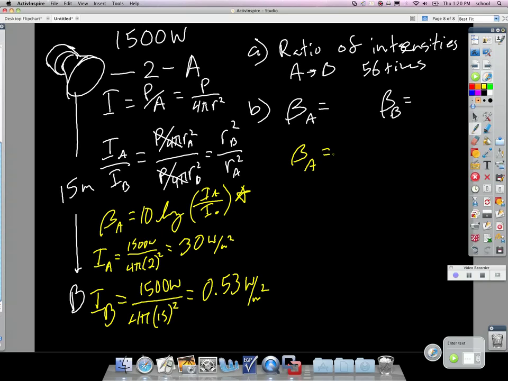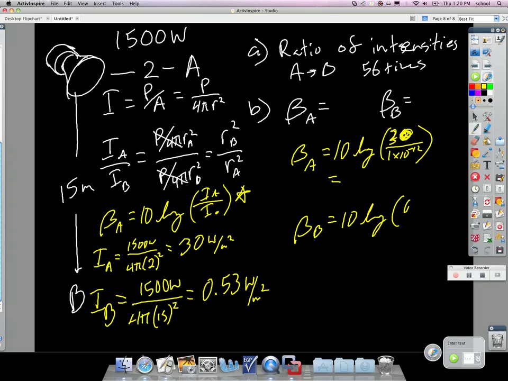And then beta B is 10 log of 0.53 over 1 times 10 to the minus 12. So calculate those two. This one's 134. This one's 135 decibels. 117 decibels.